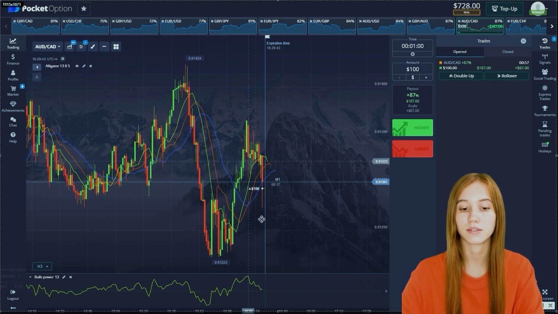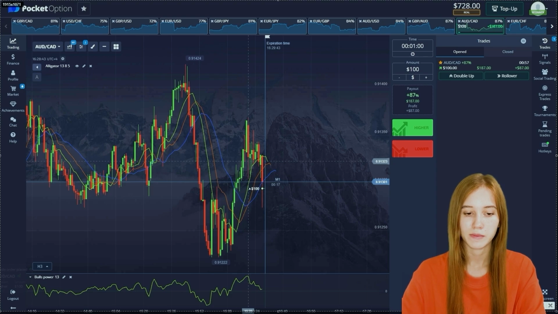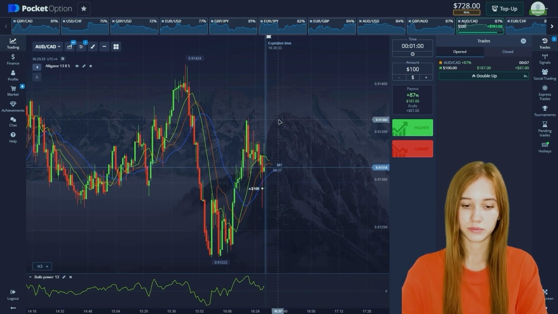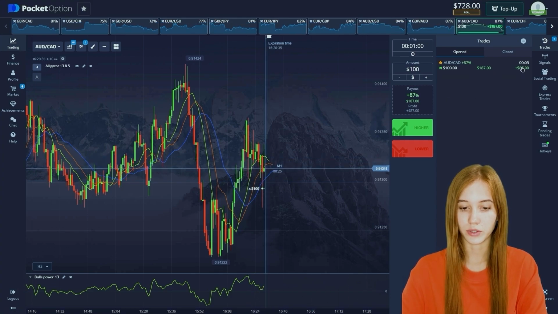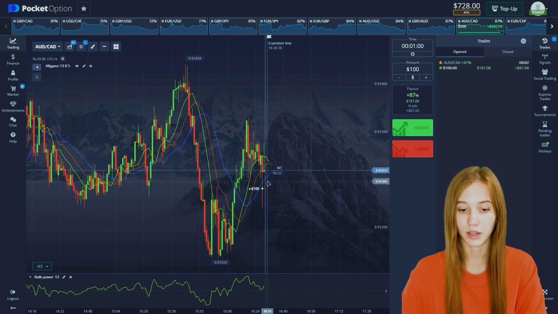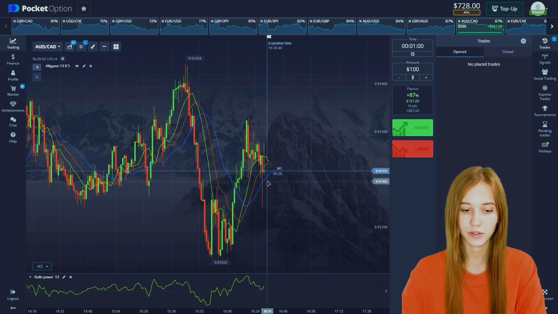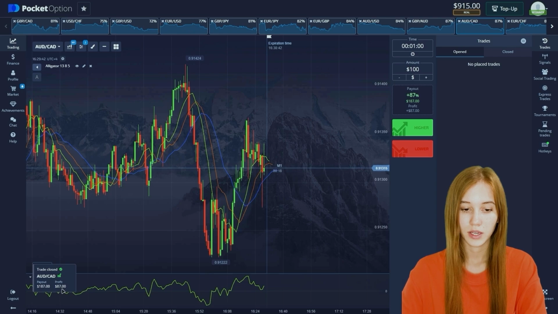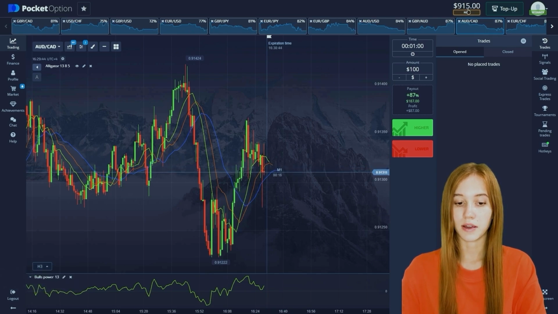But I think this is a fake fall. And now there will be a slight pullback in the opposite direction. So, although the alligator shows that, I think this is fake. Plus deal, profit $87.